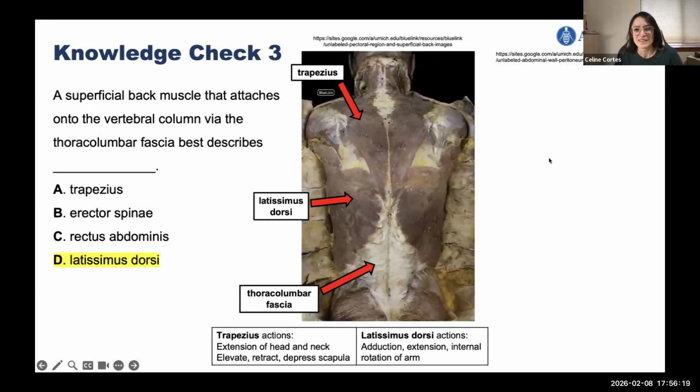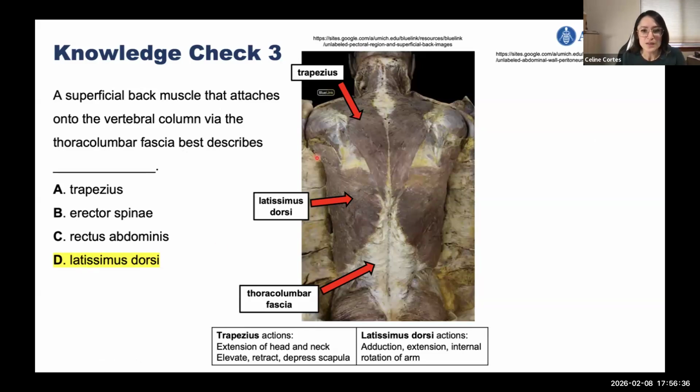Let's see. Okay, so starting with this first picture, a superficial back muscle that attaches onto the vertebral column via the thoracolumbar fascia best describes latissimus dorsi, actually.